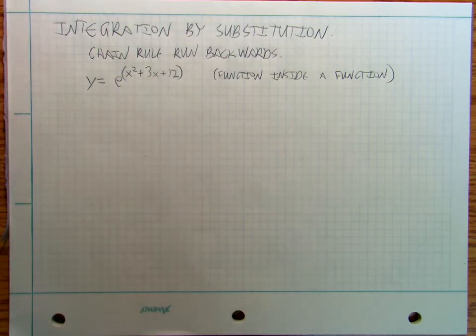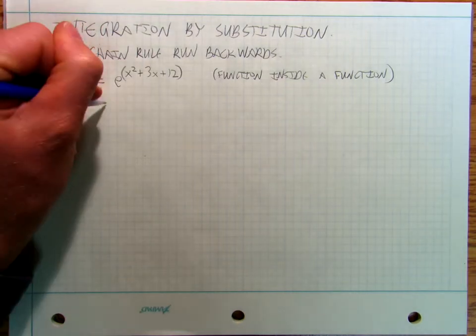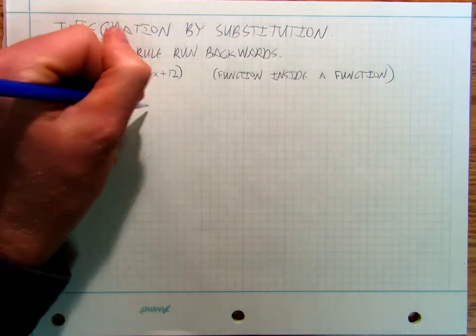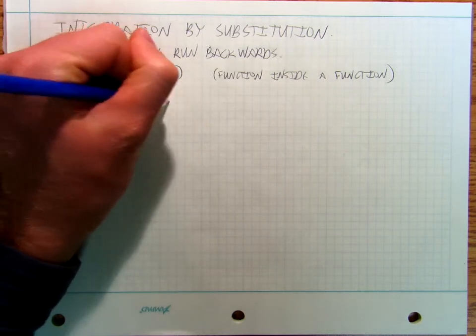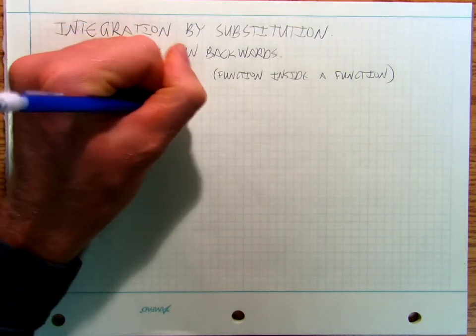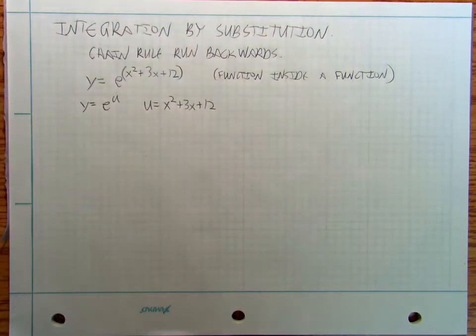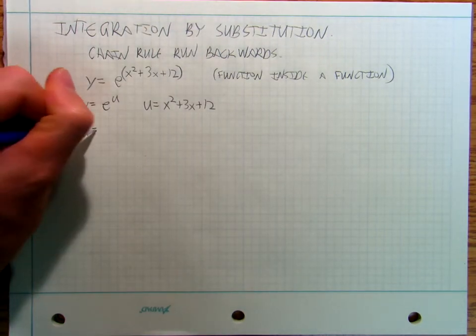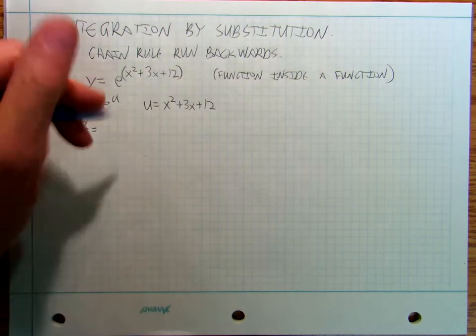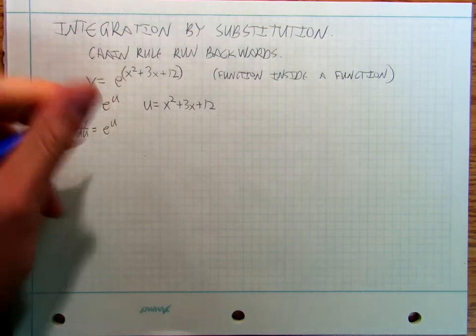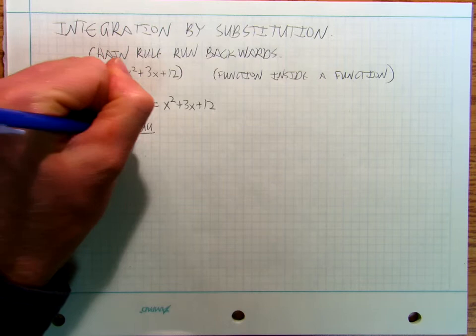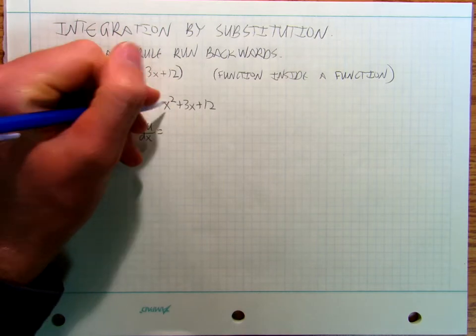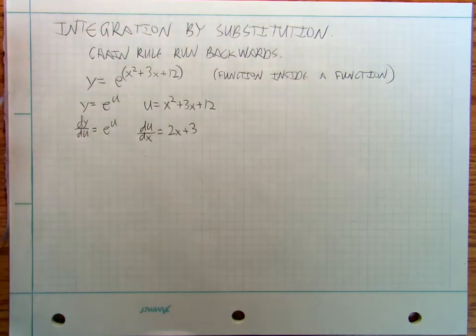So what I'm going to do for chain rule is I'm going to say y equals e to the u, and u equals x squared plus 3x plus 12. And then I'm going to say dy du is equal to the derivative of that, which is just e to the u. And du dx is going to be 2x plus 3.